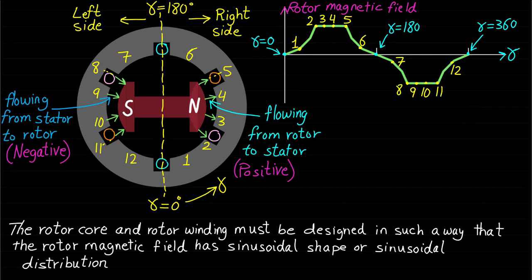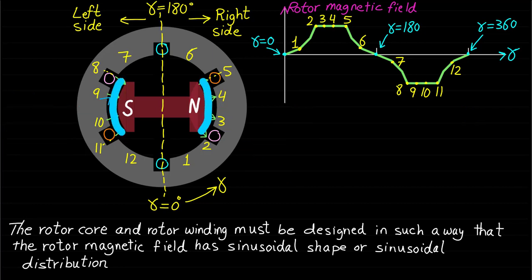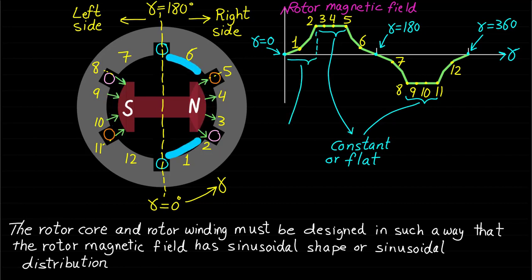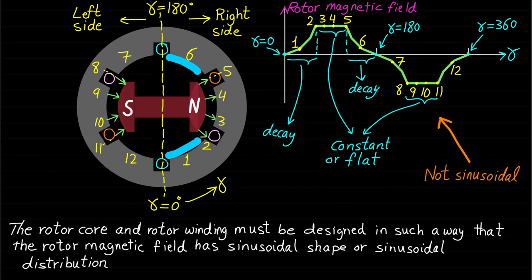As we can see, the air gap magnetic field is a constant value, or flat, in front of the pole face because the air gap is small and constant in this area. Also, the magnetic field starts to decay at the sides of the pole face because the air gap is large. Obviously, this waveform is not sinusoidal and it has lots of harmonics.